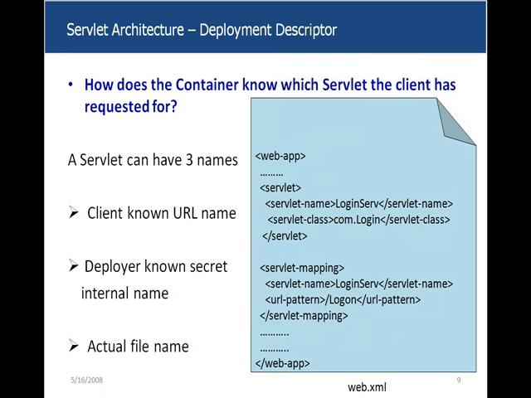The second reason is security. You don't want everyone in the world to know the actual path to your servlet. Once someone knows the path to your servlet, it's vulnerable, and there is a possibility that anyone can breach your security.